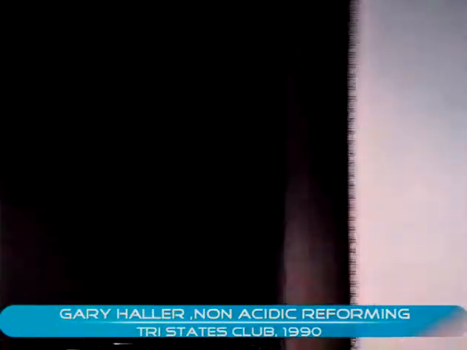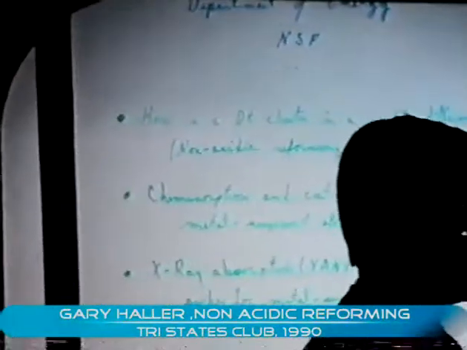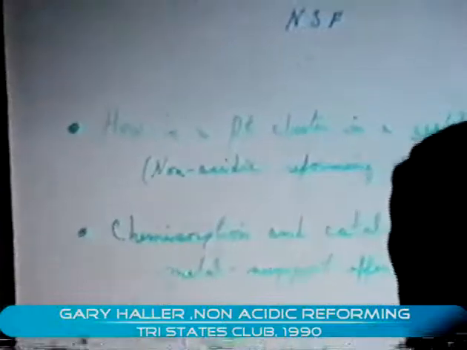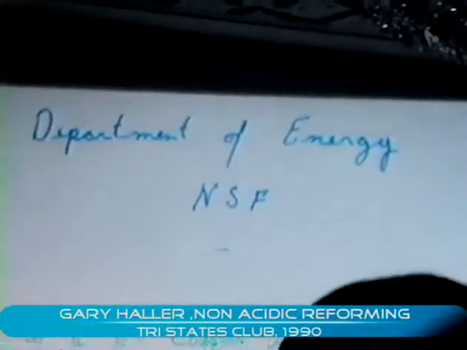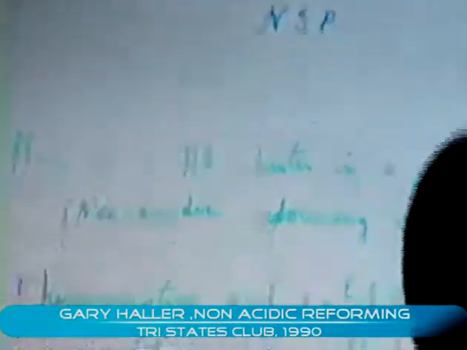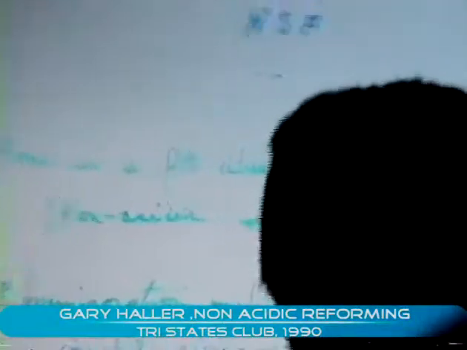Yeah, that's great. So I want to break the talk into three parts. I'm going to talk a little bit about non-acidic reforming, in particular platinum zeolites, which you probably have all heard about.